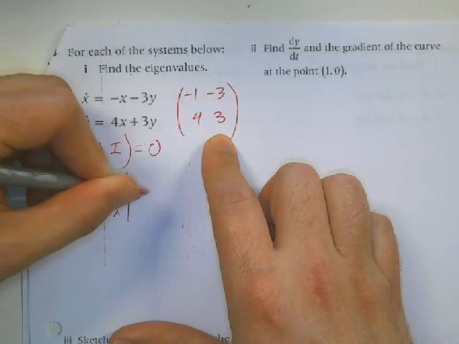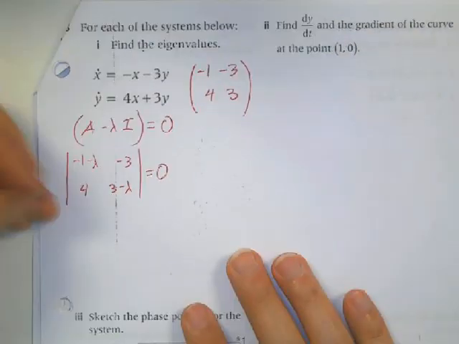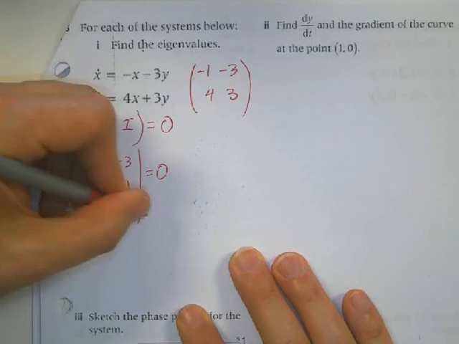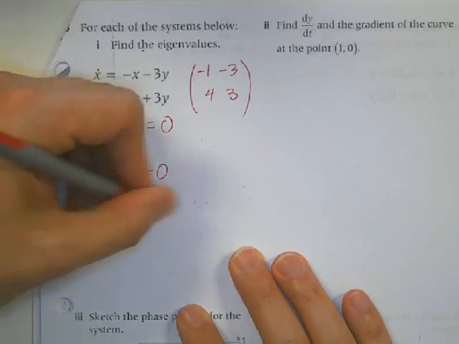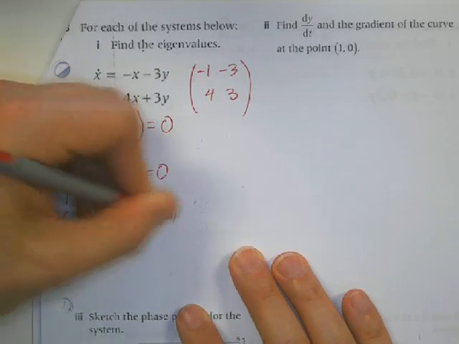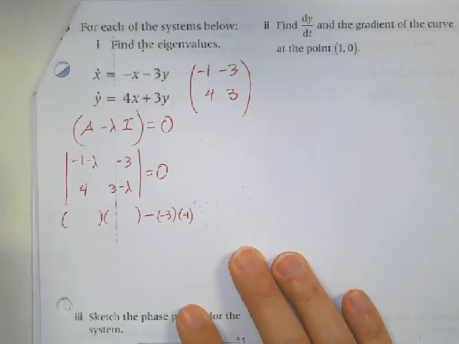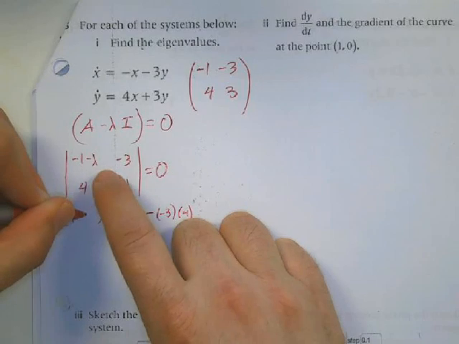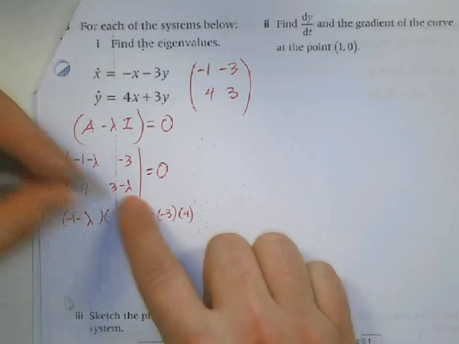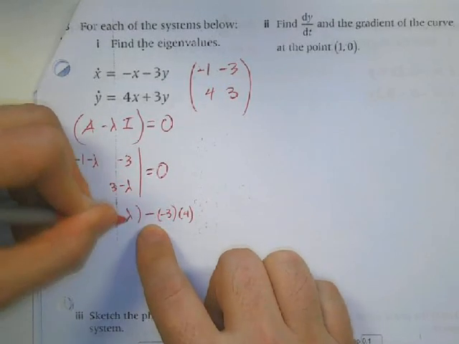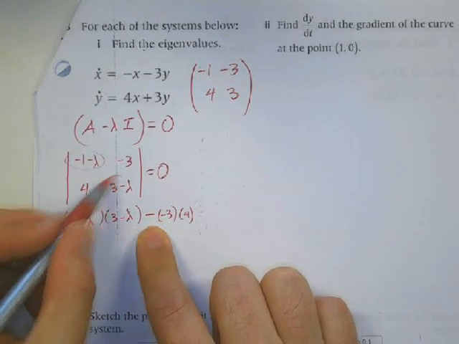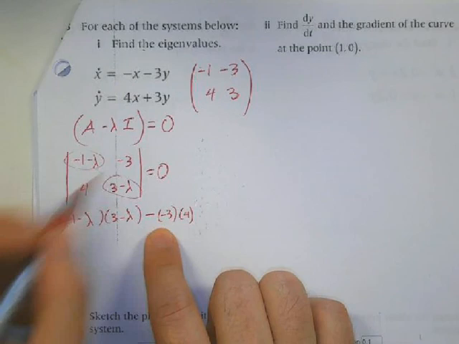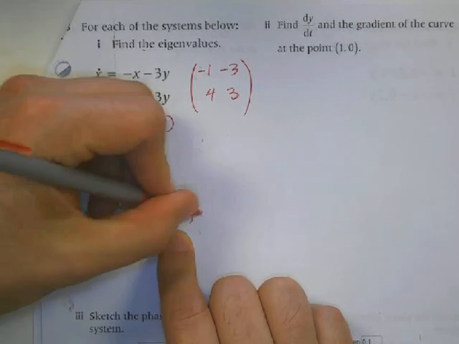Let's find our determinant. So we've got -1 minus lambda and 3 minus lambda. Okay, so this guy times this guy minus -3 times 4. Okay, make that equal to 0.